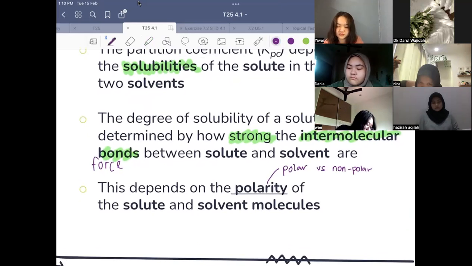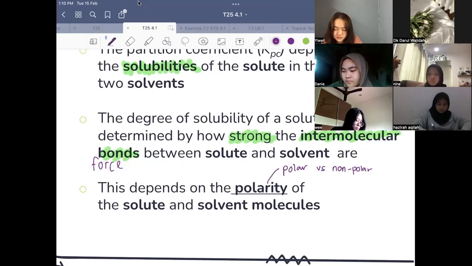Just to remind you, non-polar molecules are molecules that have their dipoles cancel out. Dipoles are the delta plus and delta minus. Polar molecules are molecules where the dipoles don't cancel out.